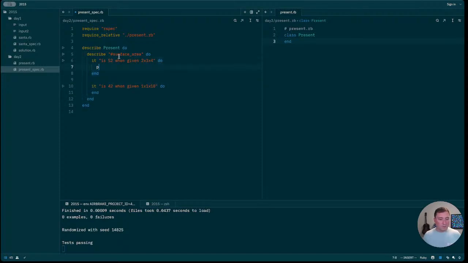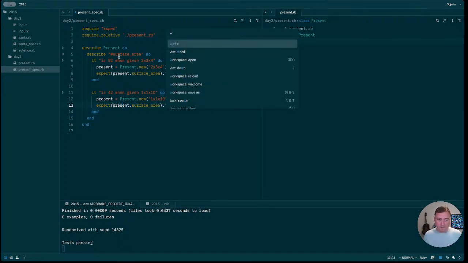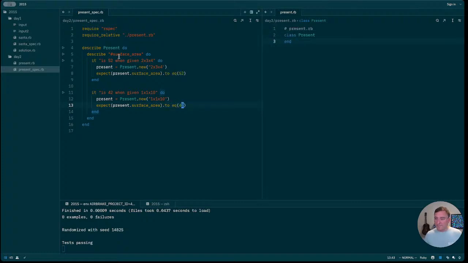And so if we do present equals Present.new 2 by 3 by 4, and then expect present.surface_area to equal 52, and present equals Present.new 1 by 1 by 10, and expect present.surface_area to equal 42. Those are the tests we've got from the example, so we might as well throw these in.